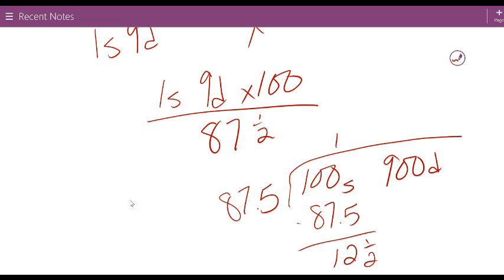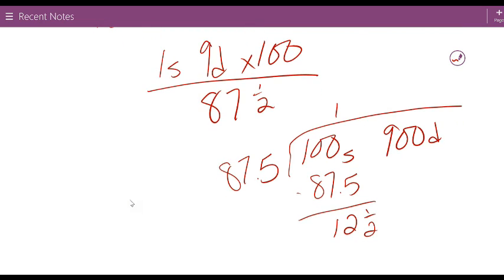So if 12 shillings gives us a penny, half a shilling would give us, no, I'm going about this the wrong way. So we have 12, so that gives us 144. And 1/2 times 12 is 6, so that gives us 150. So we have 1,050 pence. There we go.